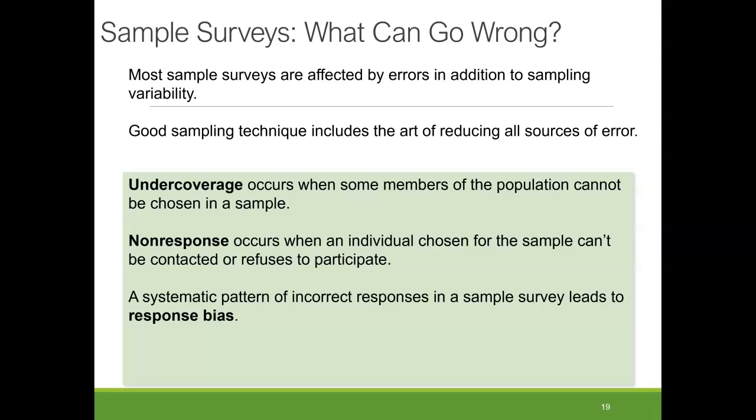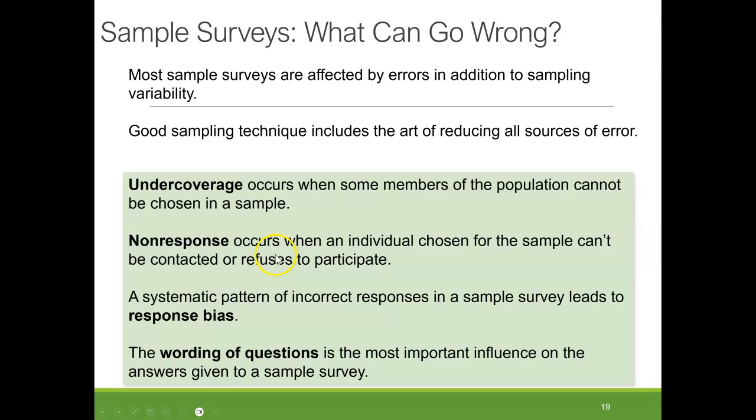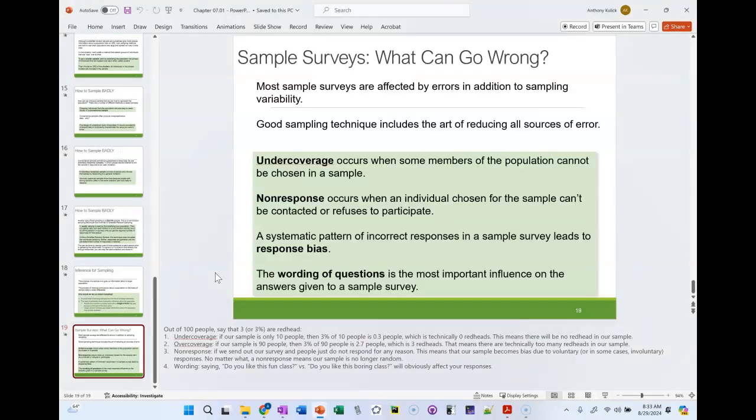You have non-response. We've talked about the elusive John Smith, who we know exists, but nobody can seem to track this guy down. We've talked about response bias already, and I just mentioned the wording of questions with my McDonald's example. And there we go. So that's section 2.1.